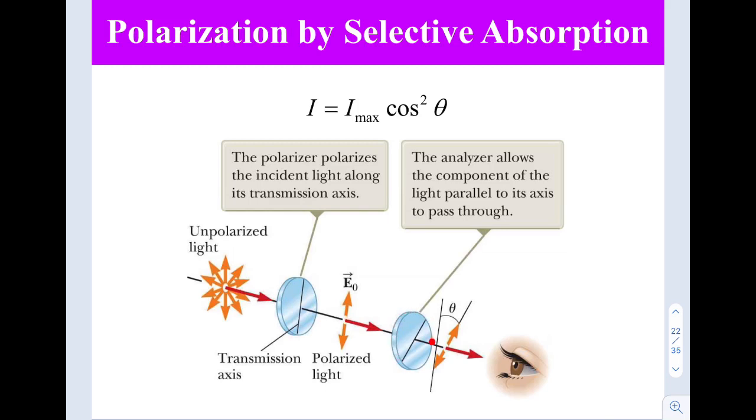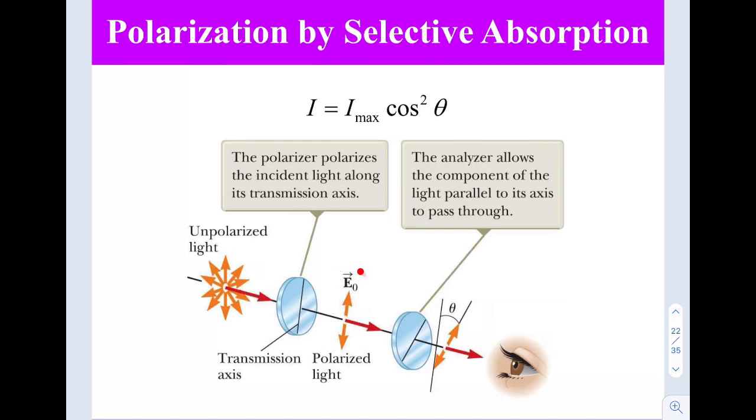It's going to meet another polarizer, now named the analyzer. The analyzer allows the component of the light parallel to its axis to pass through. So the second transmission axis has angle theta with respect to the first transmission axis.